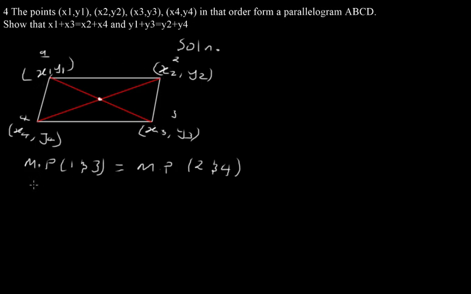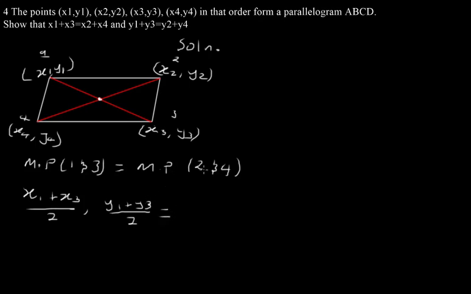The midpoint is given by (x plus x over 2, y plus y over 2). So for 1 and 3 we would have (x1 plus x3 over 2, y1 plus y3 over 2).